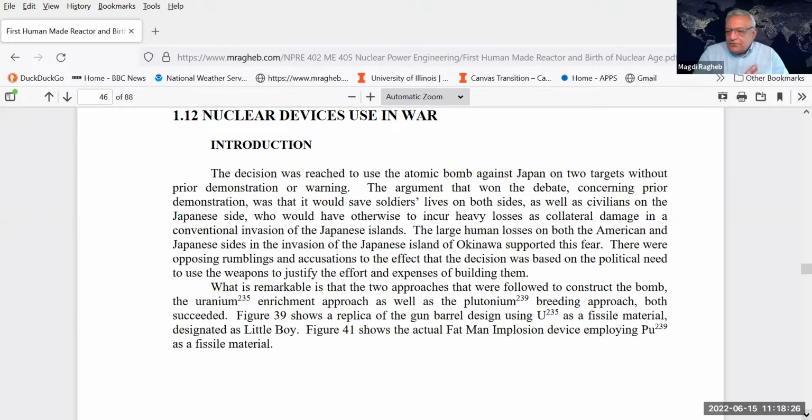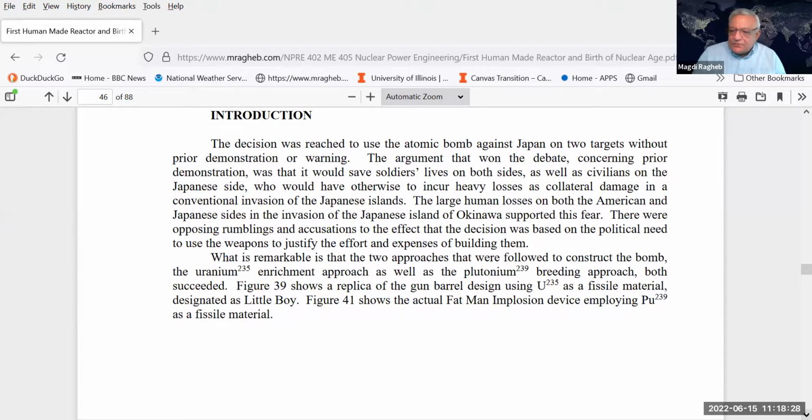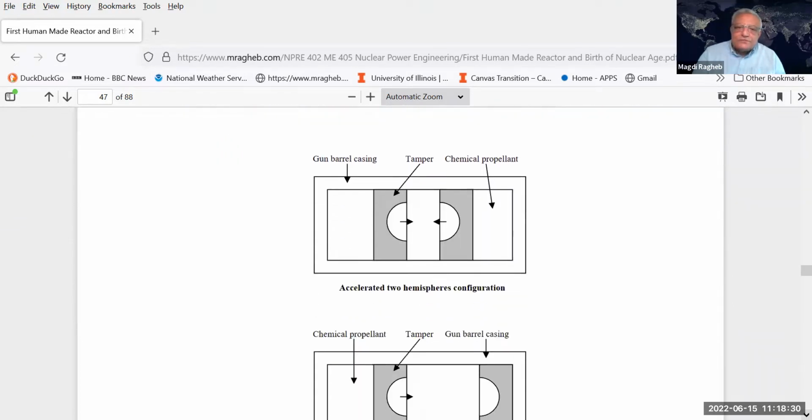Leslie Groves and Oppenheimer had now at their disposal 2 different isotopes that can be used in generating a nuclear weapon, as feared Germany would be doing. With the uranium-235, what you can do is create 2 small hemispheres, surround them with a tamper, and then in a gun barrel, shoot them against each other.